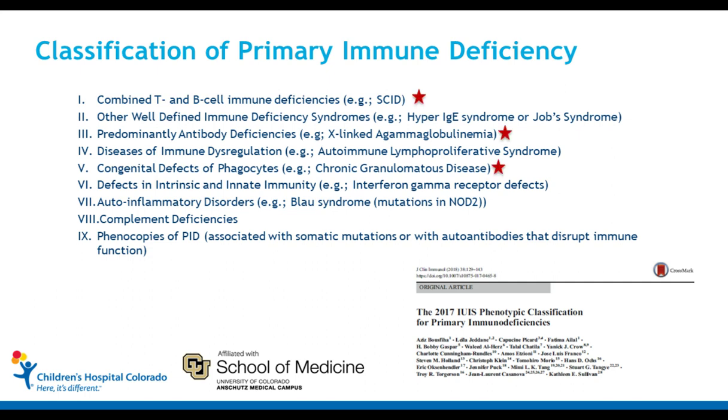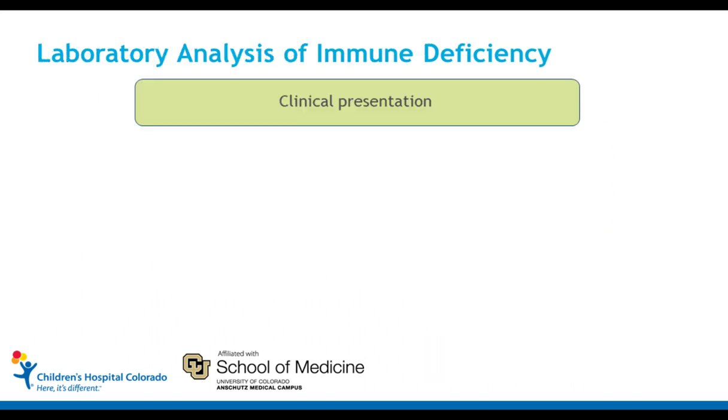So in this presentation, because the breadth of immune deficiencies is very large and continues to grow, we will touch upon categories 1, 3, and 5 under laboratory diagnosis, because as rare as they are, these are still the immune deficiencies that are seen more commonly in clinic. So let's move on to laboratory analysis of immune deficiency.